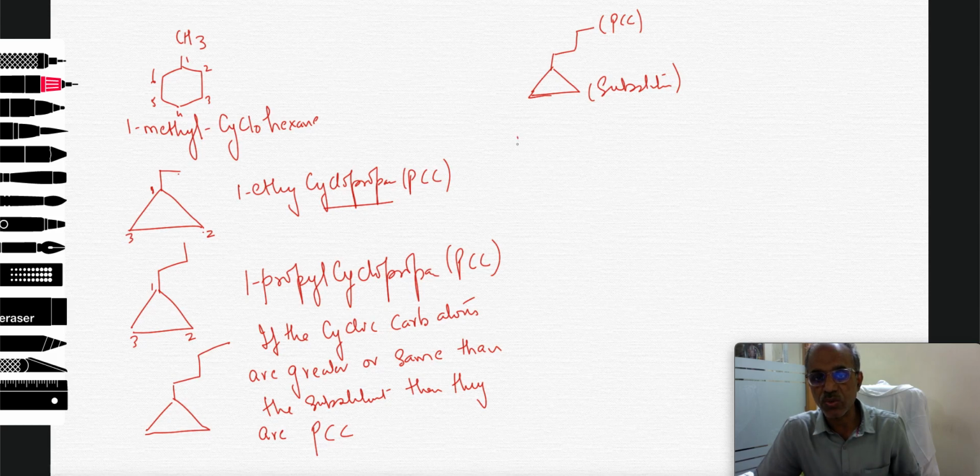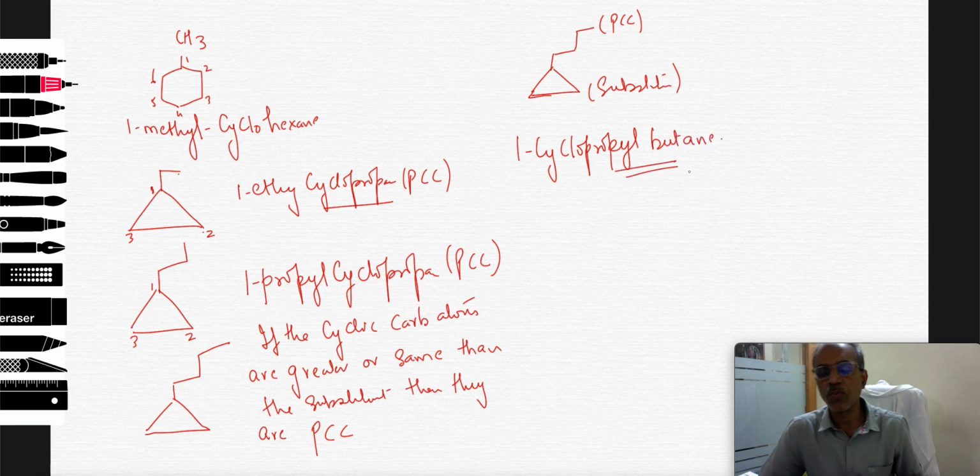So 1-cyclopropyl butane, because butane becomes the PCC as it has 4 carbon atoms, greater than the substituent, and cyclopropyl is 3 carbon atoms, so this becomes a substituent.